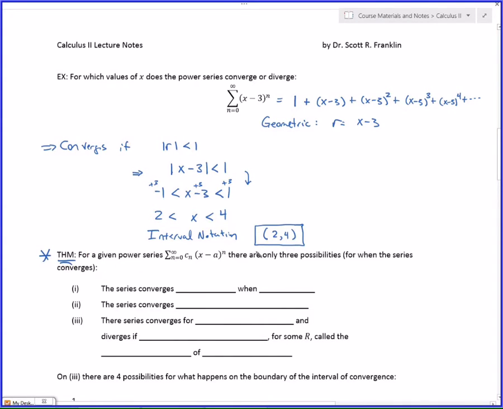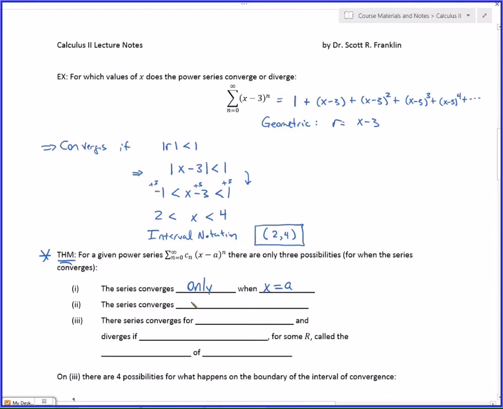That for a given power series centered at a, so you've got coefficients times x minus a to the n, this infinite polynomial, there are only 3 possibilities for when the series converges. It either converges only when x equals a, only at the center, and diverges everywhere else.